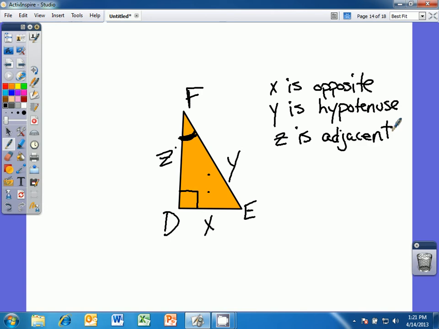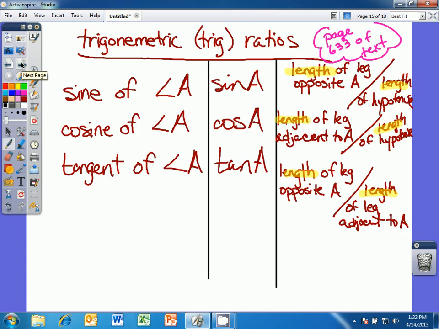Okay. So those are important terms as we look at the table that you find on page 633 of your textbook. I really want you to take a peek at the words here in the third column. The important thing is that we understand we're talking about ratios of the lengths of the sides of a right triangle.